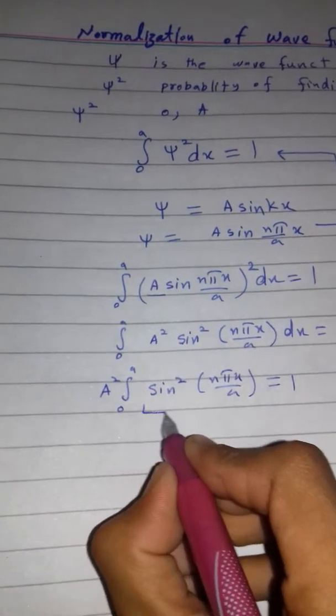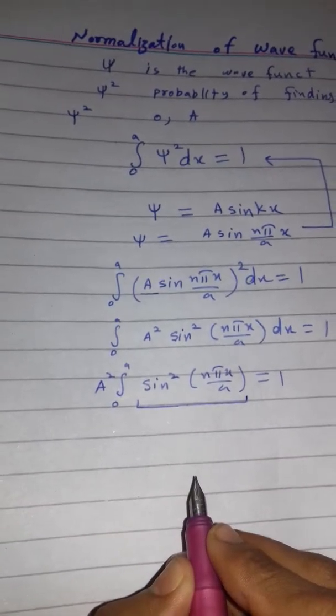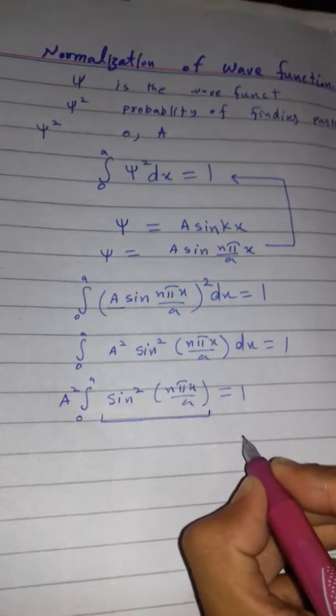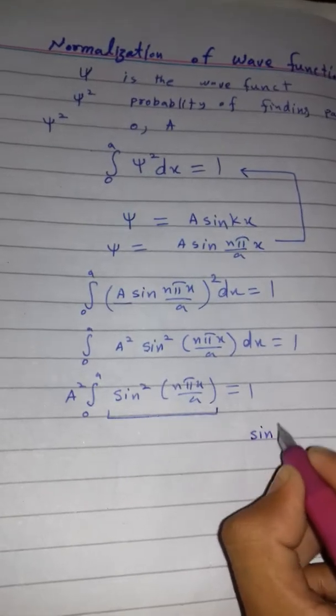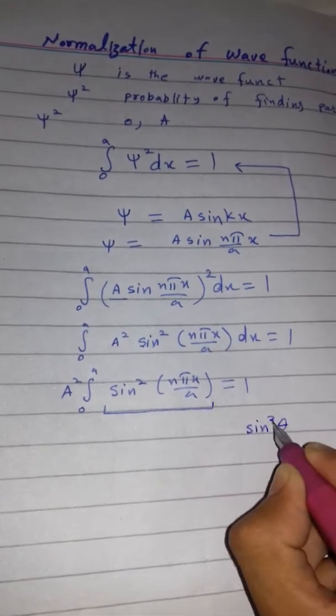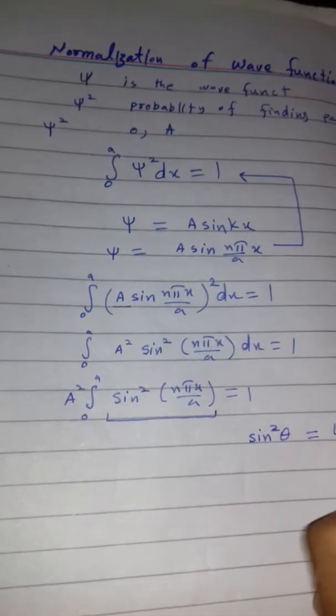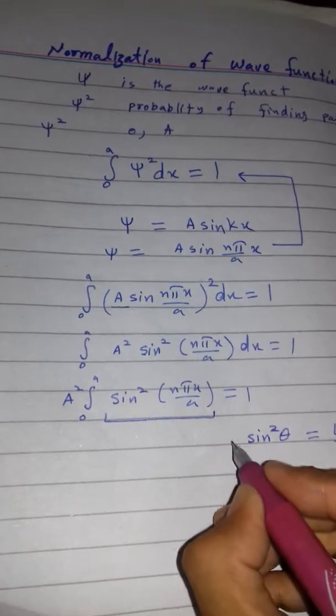Now this is a formula, a half angle formula. As we know, sin²θ is equal to (1 minus cos 2θ) over 2. This is the half angle formula.